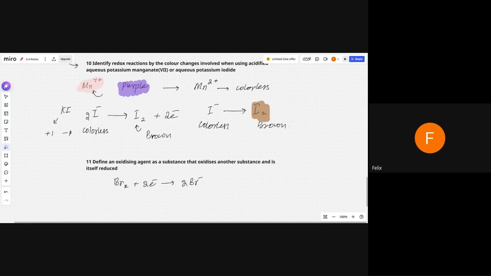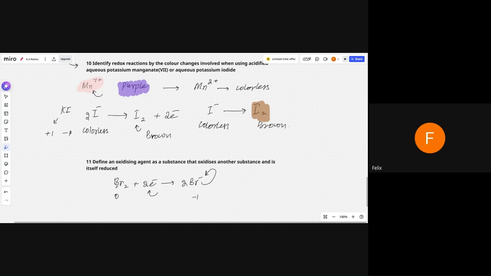Bromine has an oxidation number of 0 on this side, and here it is -1 because that's the charge of a monoatomic ion. So we can clearly see that it got reduced. It gained electrons, so it took these electrons from another element.